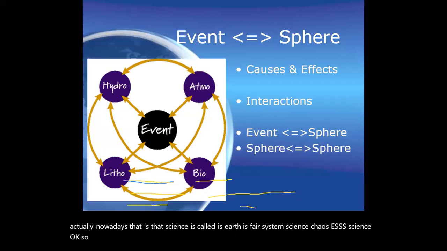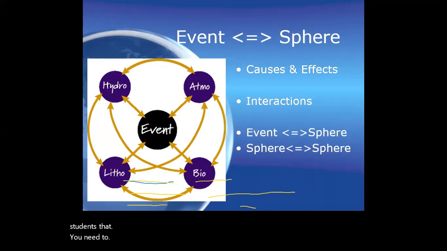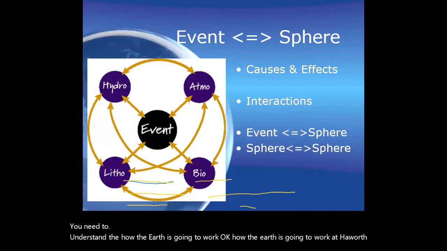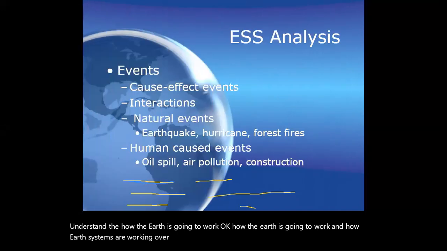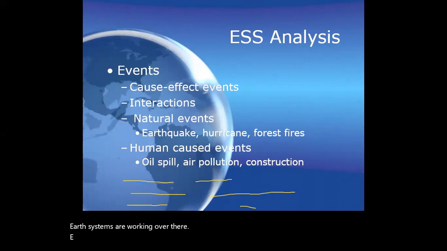ESS is producing some attention among environmentalists and students, that you need to understand how the earth works, and how earth systems are working over there. This is called ESS, Earth System Science Analysis.